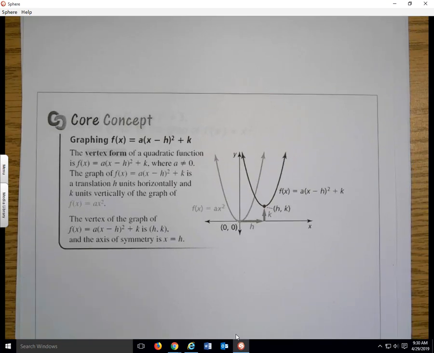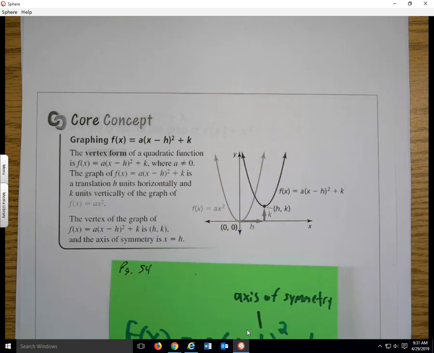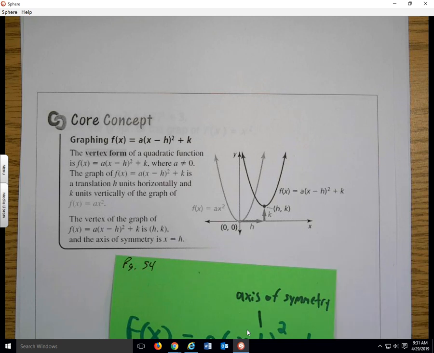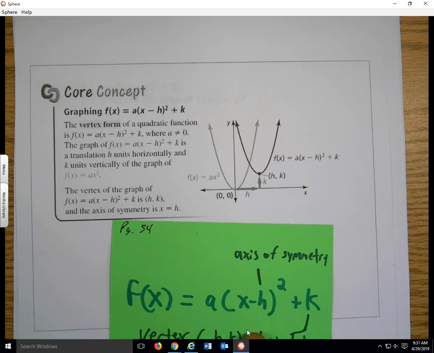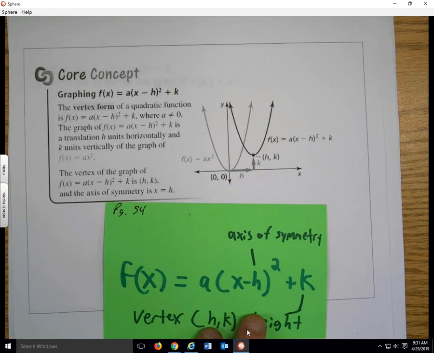Okay, so a couple classes ago we talked about graphing these quadratics using standard form, and now we're talking about using this thing called the vertex form. The vertex form is, in a way, a lot easier to graph. You don't have to use that negative b over 2a to find the axis of symmetry. In fact, it gives you the axis of symmetry and it gives you the height.